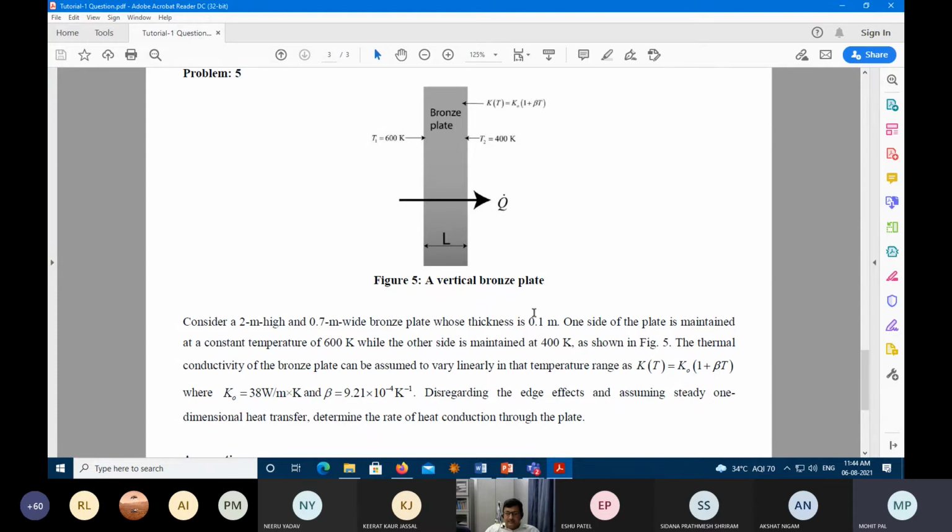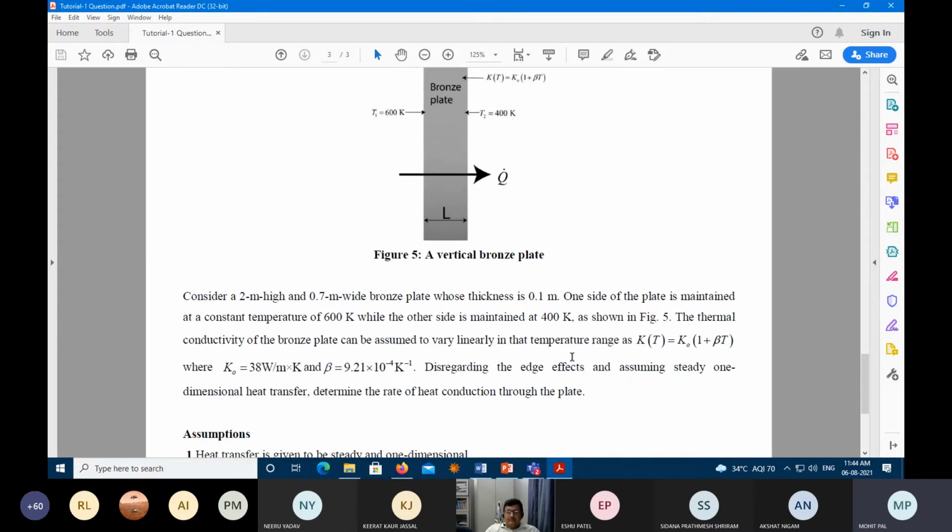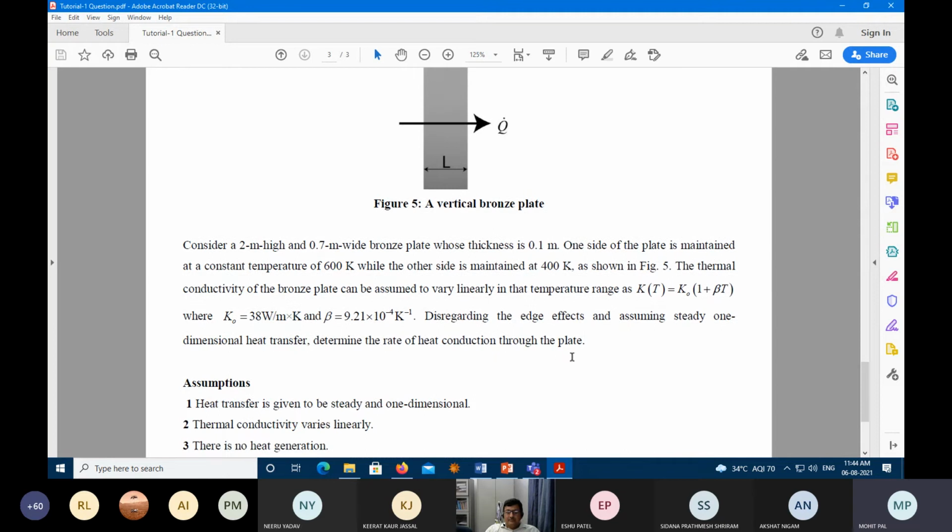The thermal conductivity of the bronze plate can be assumed to vary linearly in the range as K of T equals K naught times (1 plus beta T), where K naught equals 38 W/m·K and beta equals 9.21 times 10 power minus 4 per Kelvin. Disregarding the edge effects and assuming steady one-dimensional heat transfer, determine the rate of heat conduction through the plate.